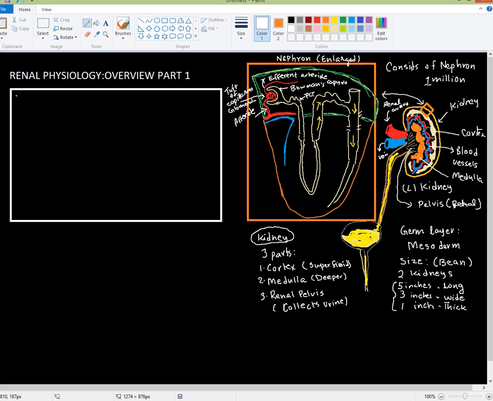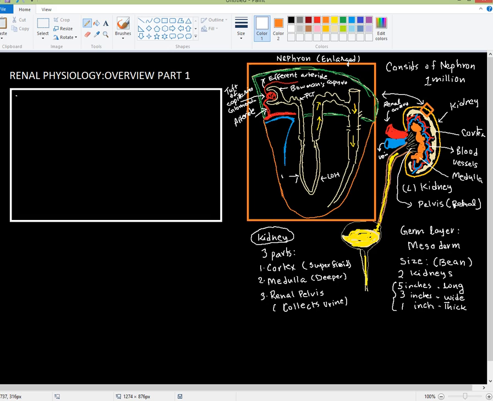Okay, and then you can see there's a hairpin structure that's going down. This is the loop of Henle. I'm putting in short. And this loop of Henle has two parts.